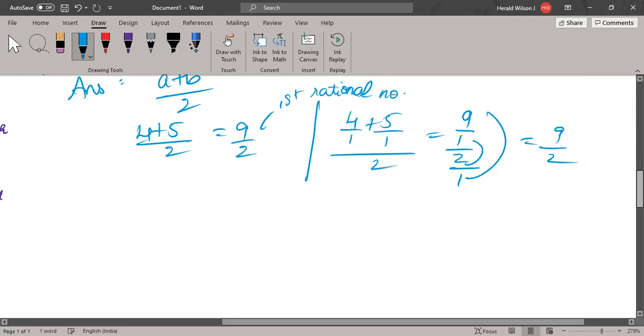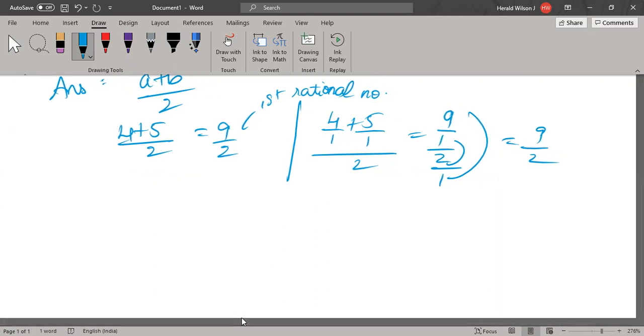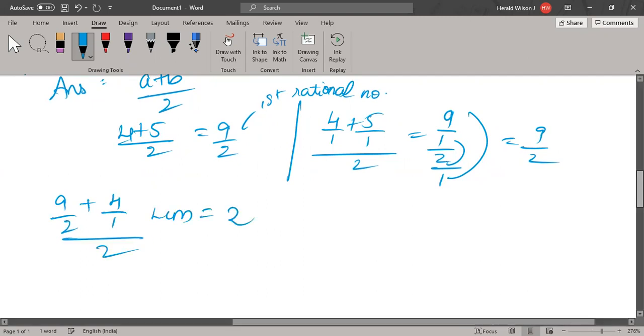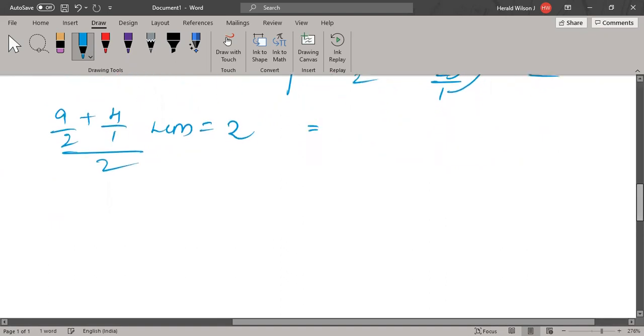Now second rational number will be (9 by 2 plus 4 by 1) by 2, LCM equals 2. So this will be nothing but 9 by 2 into 1 plus 4 by 1 into 2, the whole by 2.